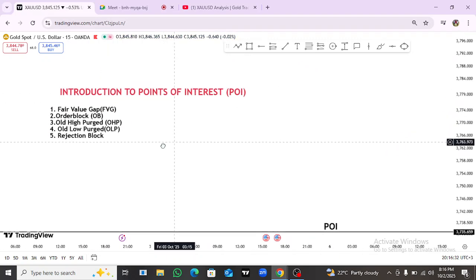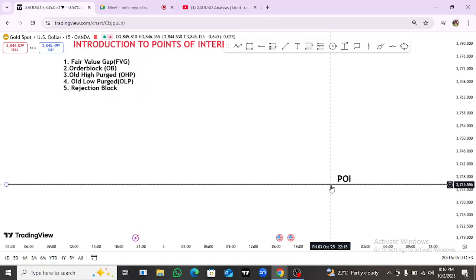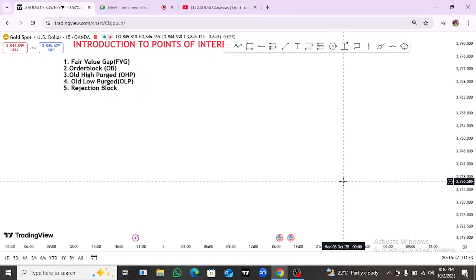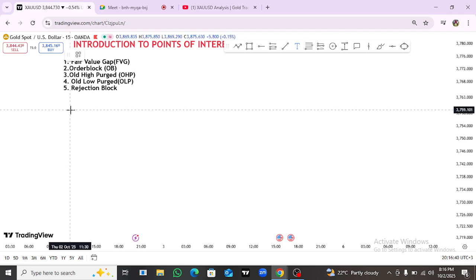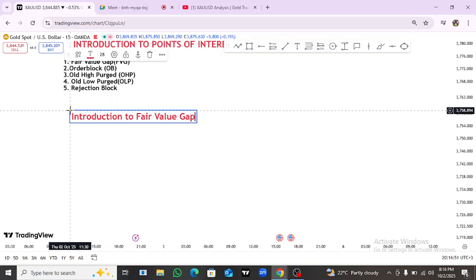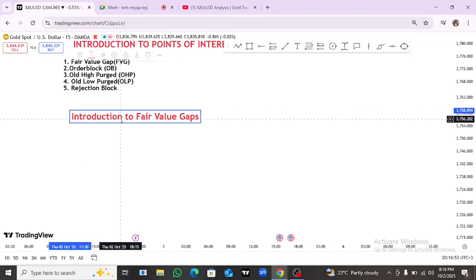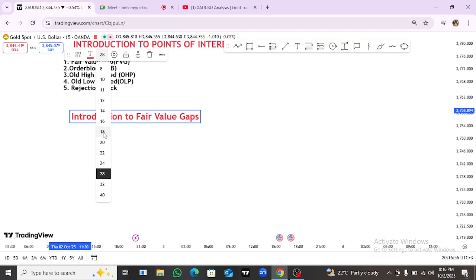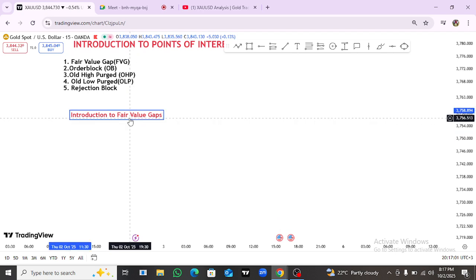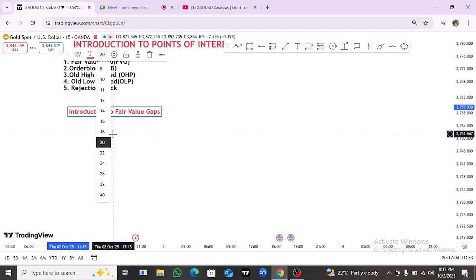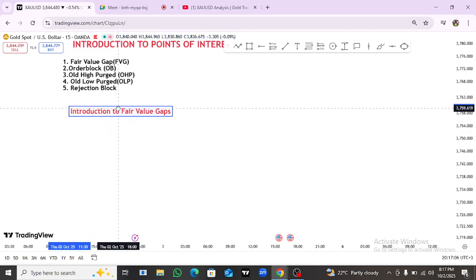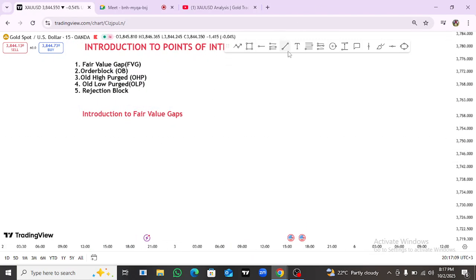So, introduction to fair value gaps. So what's a fair value gap?